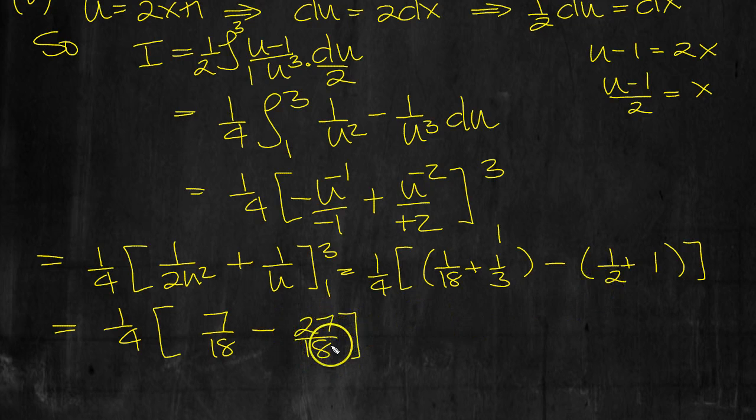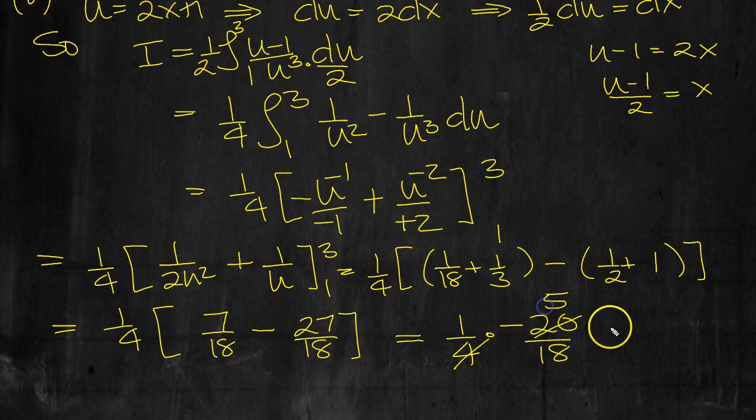So 3 over 2 just times by 9 top and bottom, you get 27 over 18. So it's 1/4 then. 7 minus 27 is minus 20 over 18. 4 goes into 20 five times, minus 5 over 18 is what we seem to get at the moment.